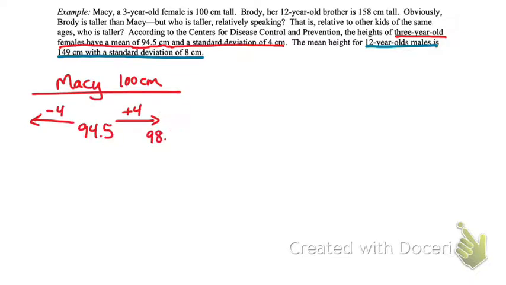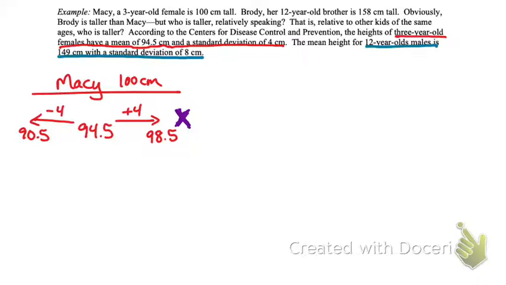So anywhere up to 98.5 and down to 90.5. Where's Macy? Way above. Macy is above that standard deviation. So, guys, not only is she above average, she is more than 1 standard deviation above average.